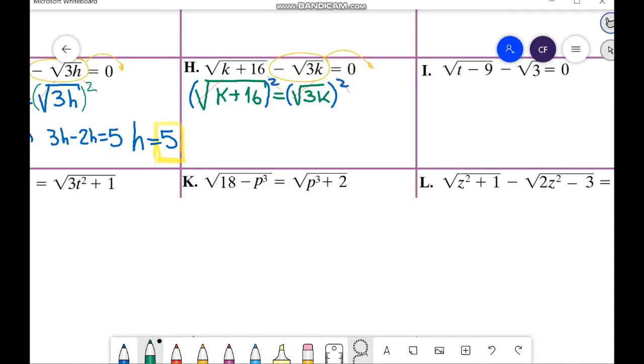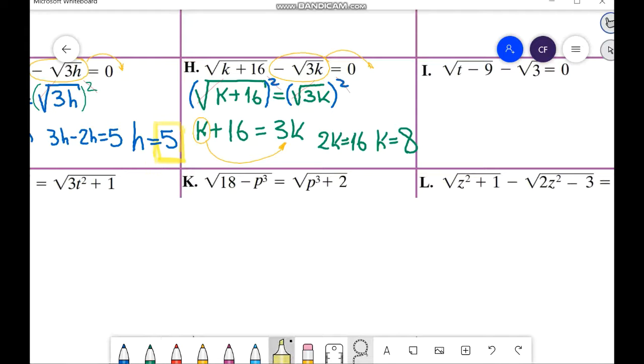And then you're going to have k plus 16 equals 3k. Move this little k together with the other variable, and then you're going to have 3k minus k, 2k equals 16. K equals 8.